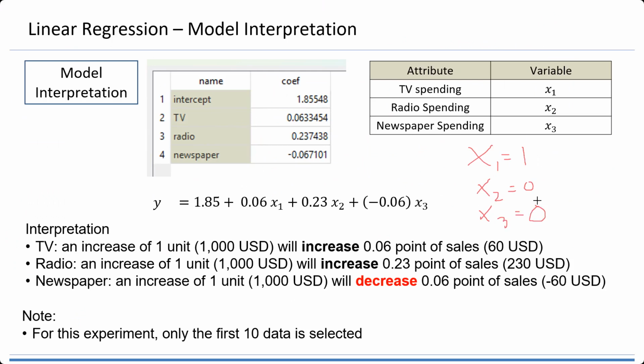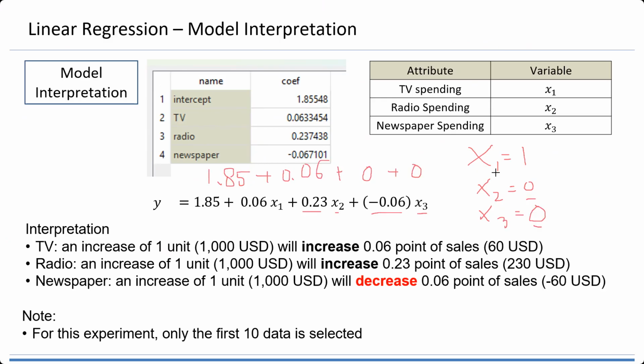Then this is 1.85 plus 0.06 plus 0 plus 0. Any number multiplied by 0 will be 0.